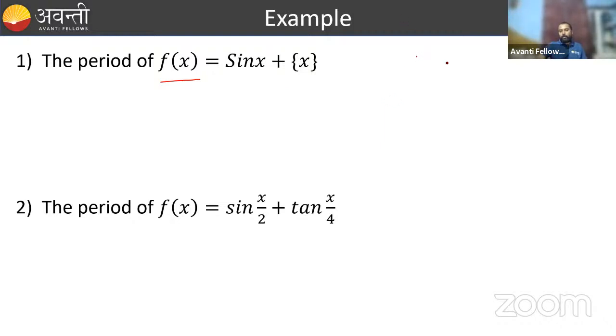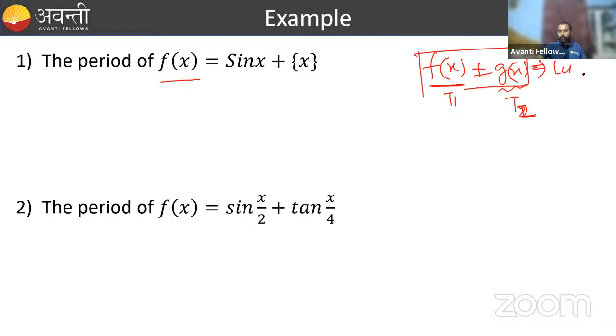When you have f of x plus or minus g of x, if f of x has period t1 and g of x has period t2, then the period of this function is the LCM of t1 and t2. So what is the answer for this question?